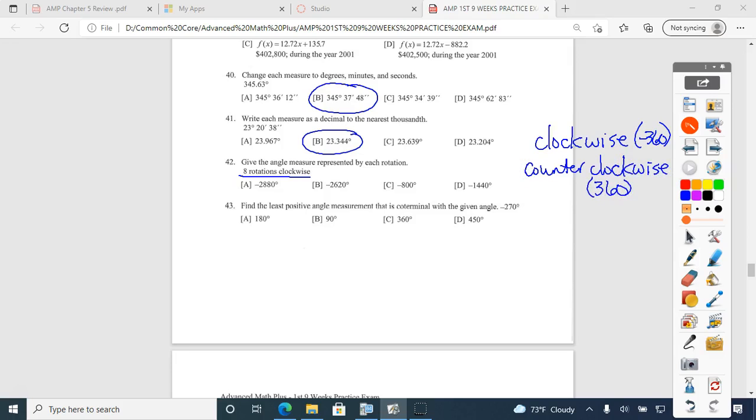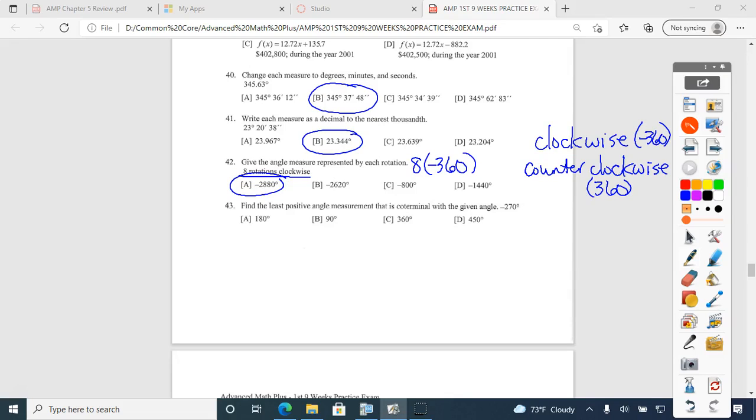So just knowing that should help. So 8 rotations, you just do 8 times negative 360, and I got negative 2,880.